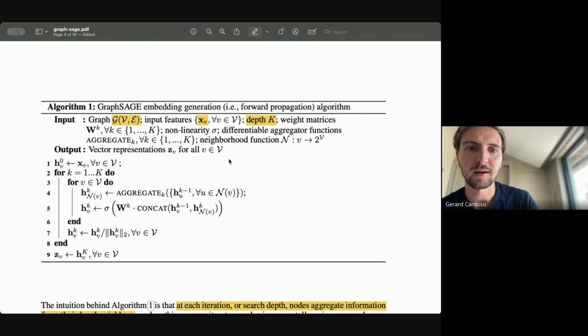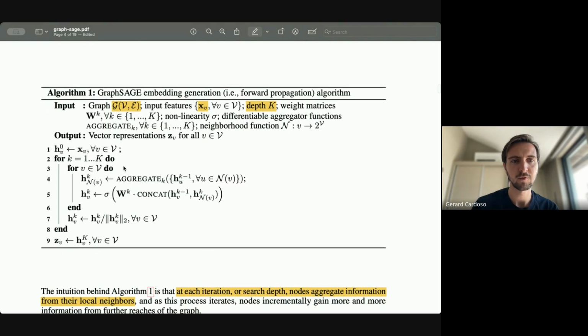Right. So the way the forward propagation works is you initialize these embeddings with the node features for all nodes. Then you go through the initial neighbors and you aggregate. You apply the aggregate function based on the neighbors of v, which creates one vector that is the aggregate of all of the neighbors.